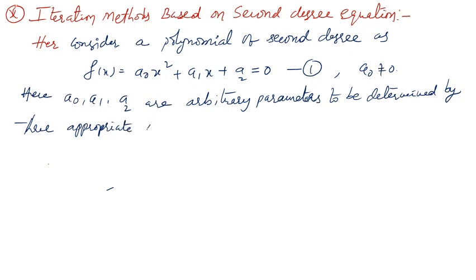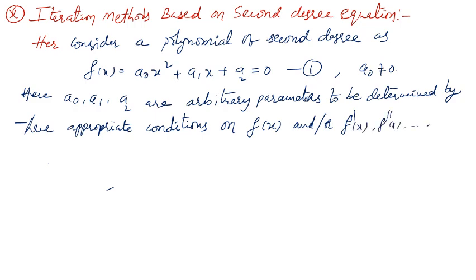To get three unknown constants, we need how many conditions? Three conditions. Appropriate conditions on what? On function f of x, or on its derivatives, f dash x or f double dash x, like that.